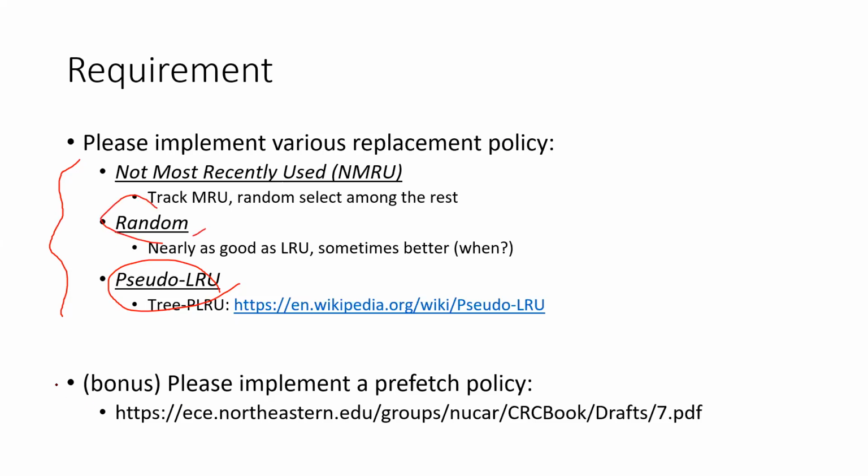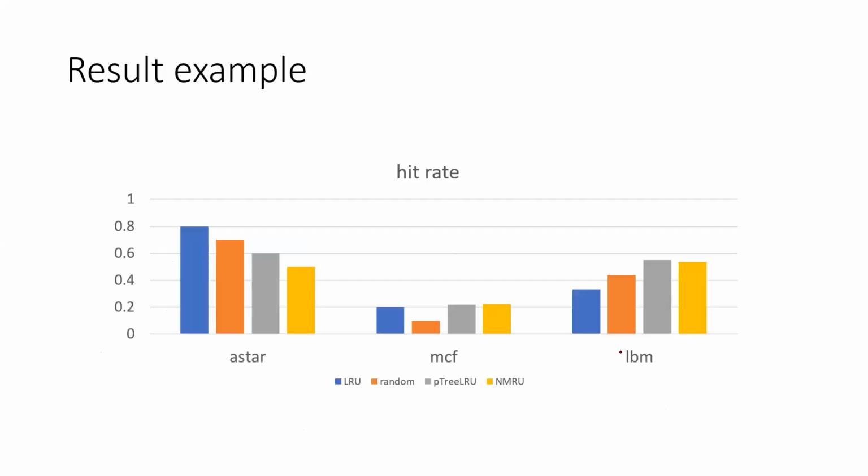And if you want to achieve higher credits, which are not included in the 20 points, you can also implement a prefetch policy. So the upper bound of the credit of project 2 can be larger than 20.